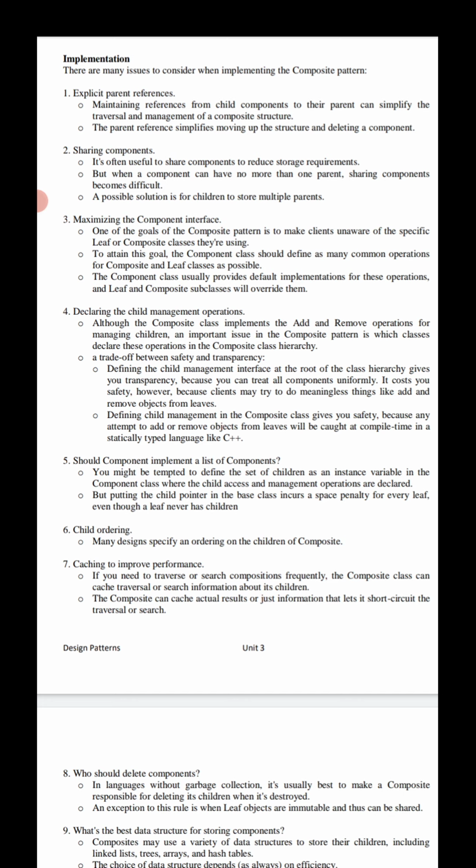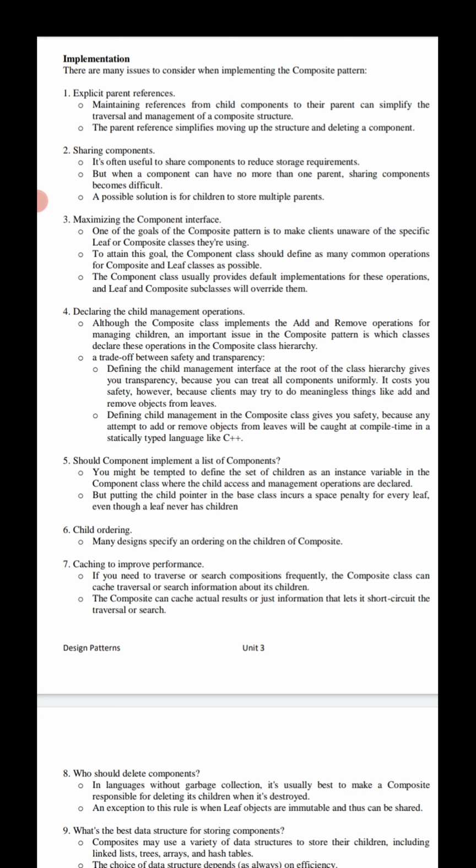And coming to the third implementation of the composite design pattern, that is maximizing the component interface. One of the goals of the composite design pattern is to make clients unaware of the specific leaf or composite classes they are using, and we need to obtain this goal.